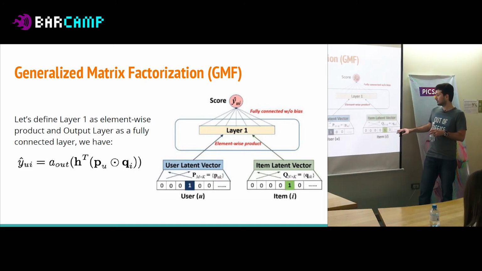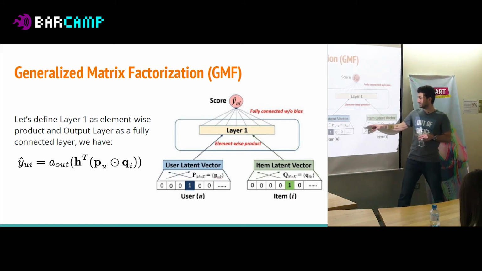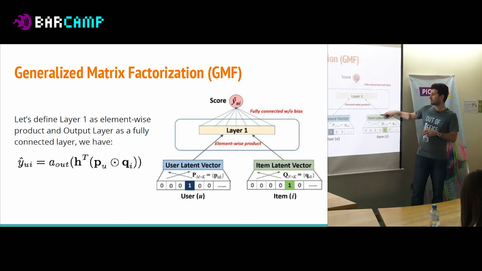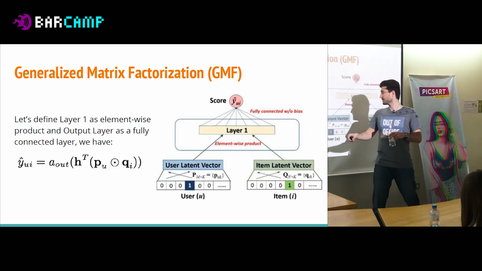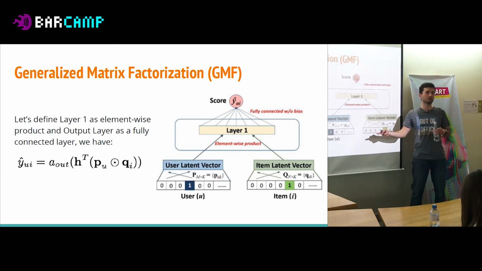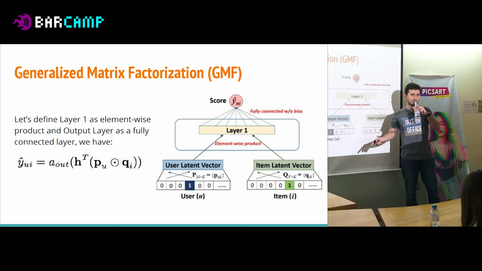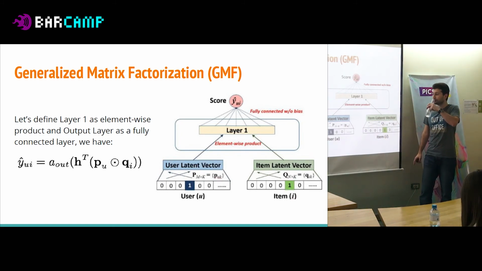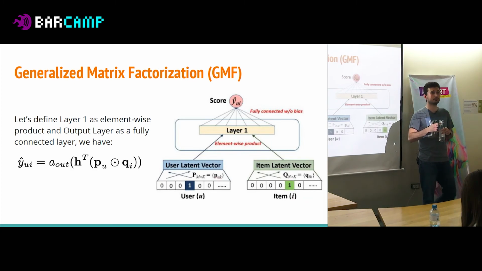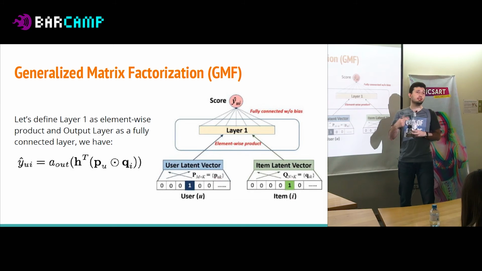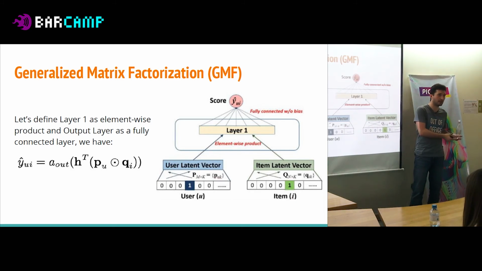The same is true for items. Then this will go to an embedding layer, which is just a fully connected layer. This is very similar to the way Word2Vec does its training. This user and item latent vector is going to be analogous to latent factors from our matrix factorization for user and item.